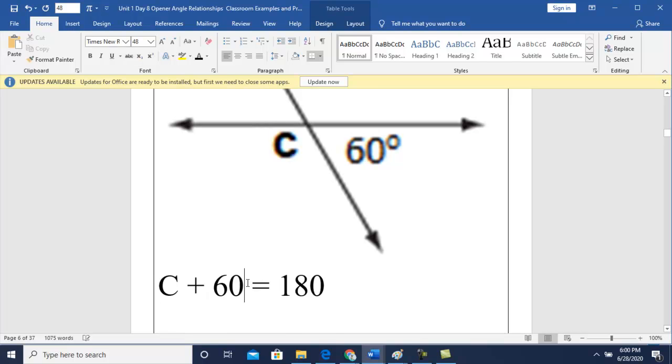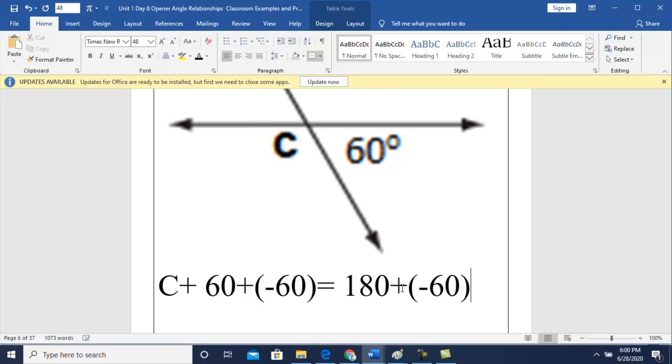Now, what you could do to the left side and the right side is you could add the opposite of 60. Now we talk about an opposite, so the opposite of a positive 60 would be a minus 60. So we're going to add a negative 60 to both sides. Now if I do that to the left side, I would also have to do that to the right side.